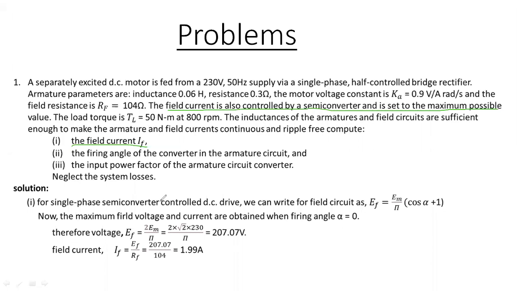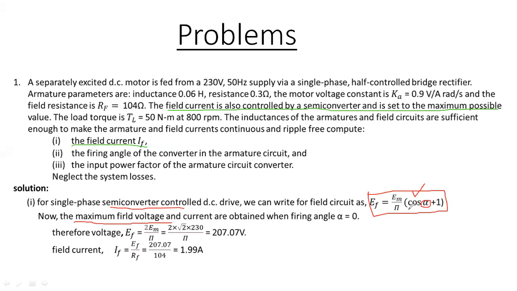Now, for a single phase semi-controlled converter, the field average equation can be written as EF is equal to EM by pi into (1 plus cos alpha). And the condition is maximum field voltage, which means we substitute alpha as 0 degrees.